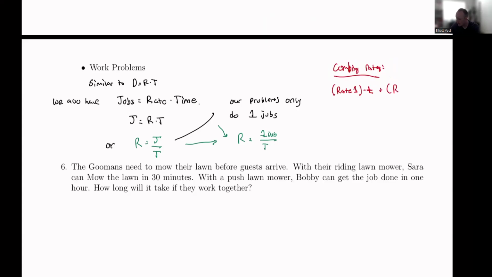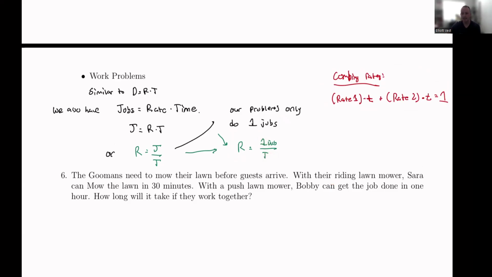Plus, what is the rate for the second person times time? And that together, if you're adding those two rates together, like the two people working together, that equals one job here. Sometimes if we're going to combine this formula with this formula, it tells you, oh, this person works for 30 minutes to finish a job. So I can say, for one job, this person takes 30 minutes. That's how you would do it.